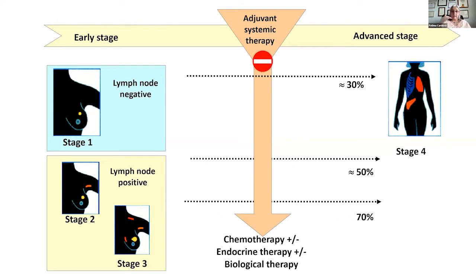And you see that the higher the stage, the higher the risk of developing metastasis. One other big difference between early stage and advanced stage is that early stage is potentially curable, and advanced stage for the moment is incurable but treatable.